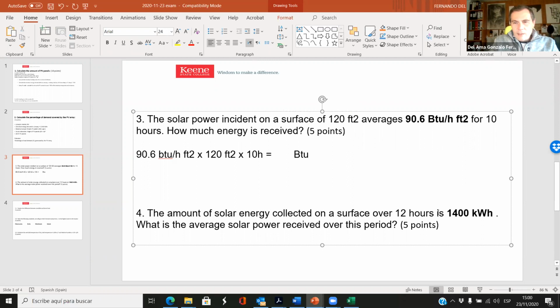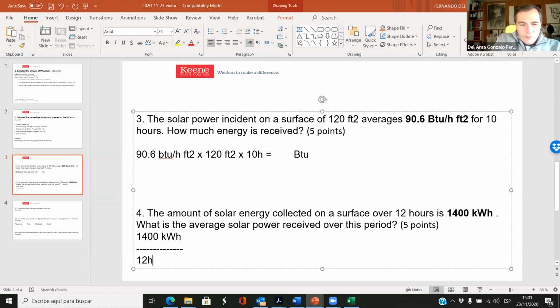Now we have the energy. What is the average solar power received over this period of 12 hours? Now we have to divide: 1,400 kilowatt hours divided by, we don't have information about the area, so we only have the 12 hours.